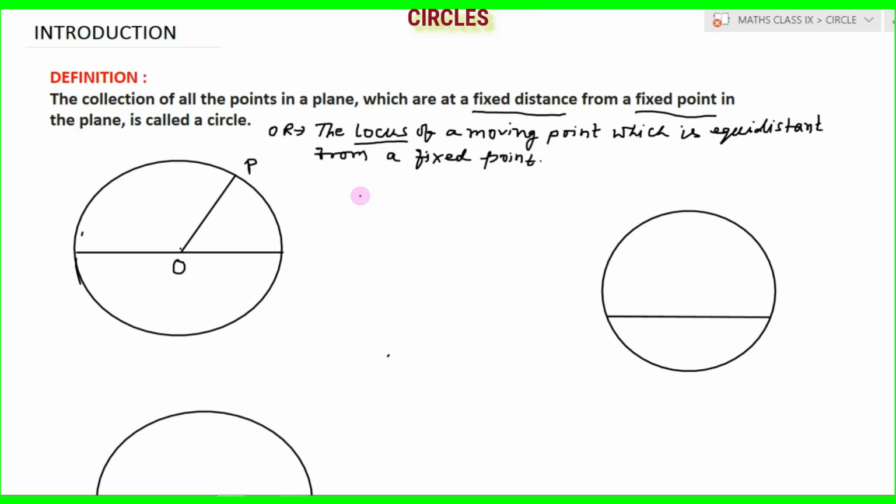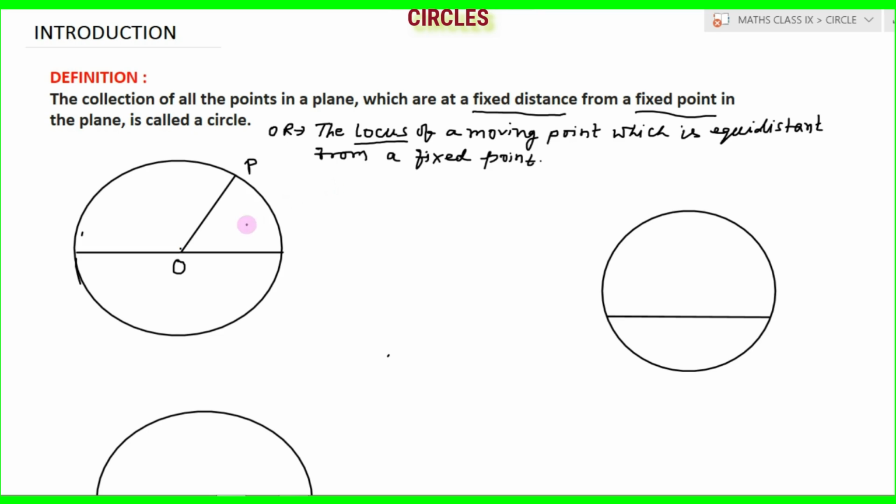Here the geometrical condition is that the distance of the moving point from a fixed point remains fixed. In this figure, O is a fixed point and P is any point. If P moves so that its distance from O remains fixed, this shape is generated, and it is called a circle.